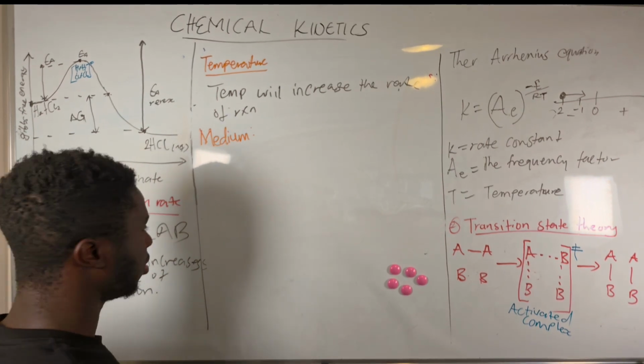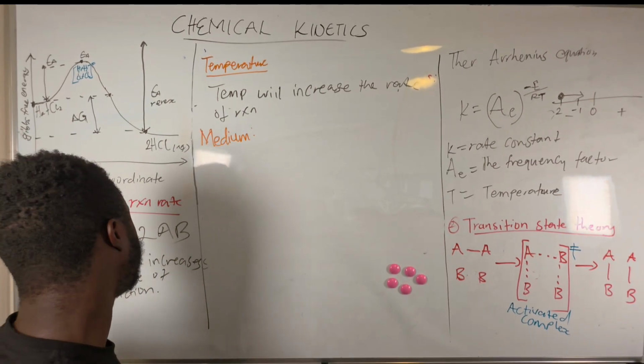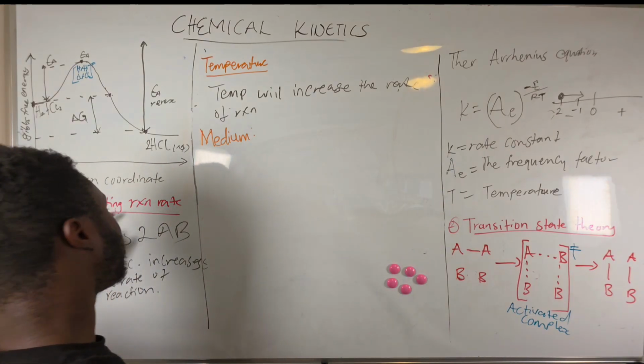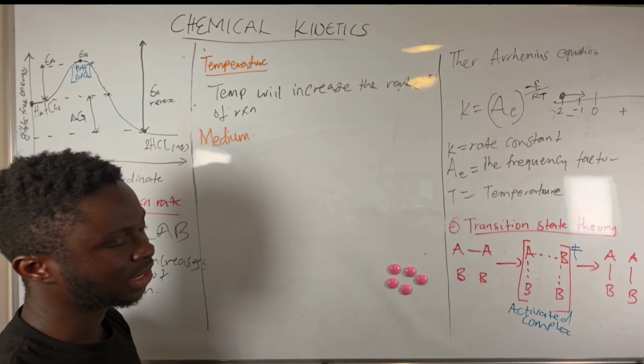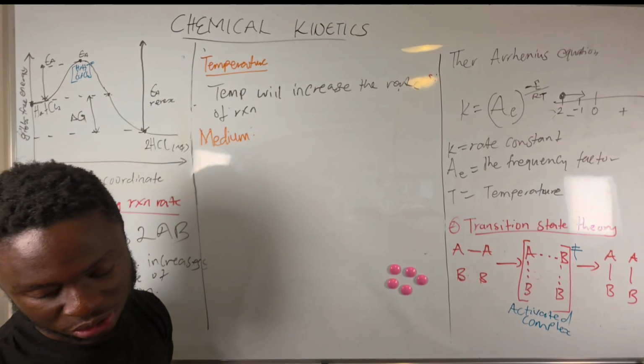So it works that way. The medium will depend on the context. As for concentration and temperature, whether you are reducing it or increasing it is going to have a direct effect on the rate of reaction.